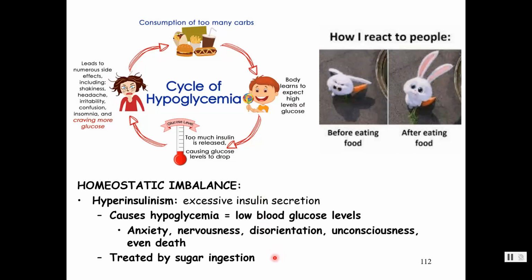And so that's going to be treated by sugar ingestion. They're just showing you if you consume a lot of simple sugars, you get a sugar spike. The body responds by secreting too much insulin, and then you get that drop, and then you get that temporary hypoglycemia. So that's what they mean by the crash.